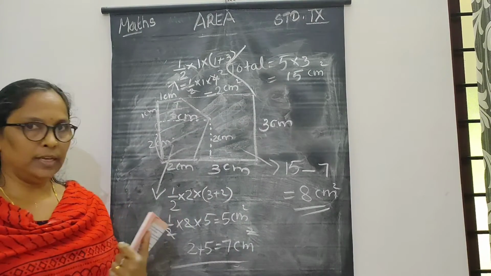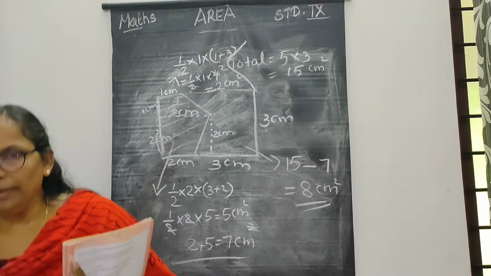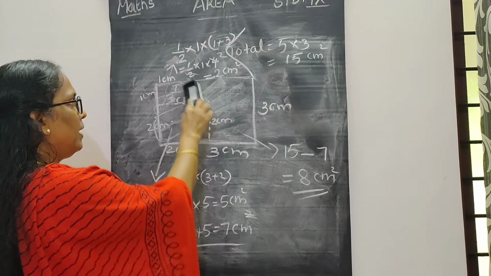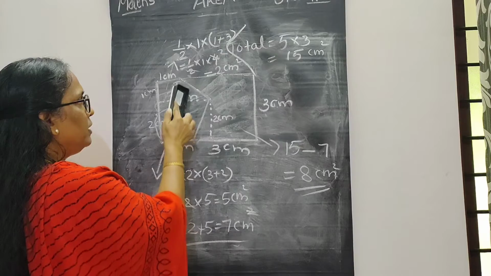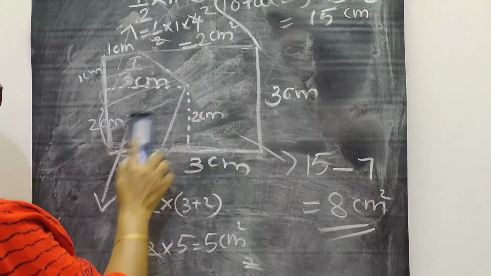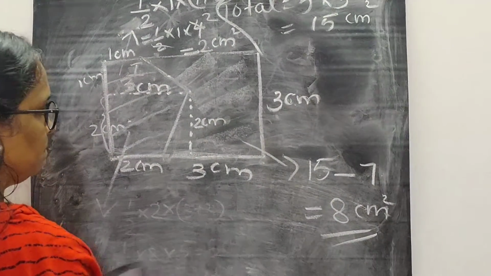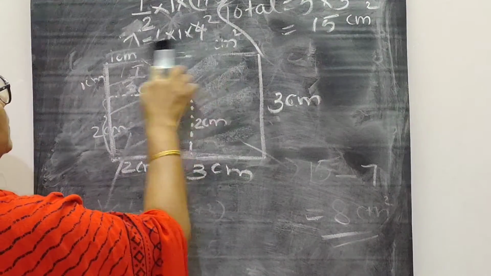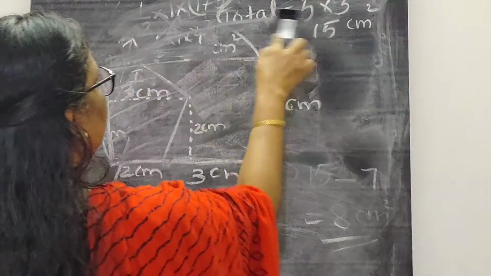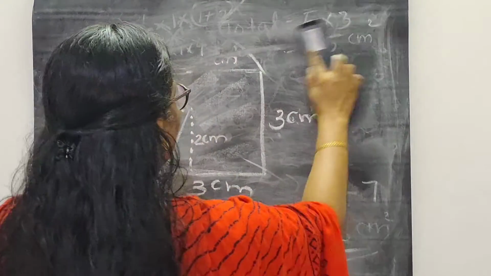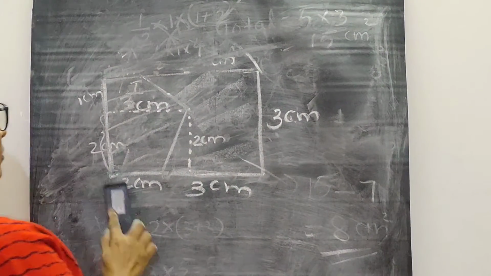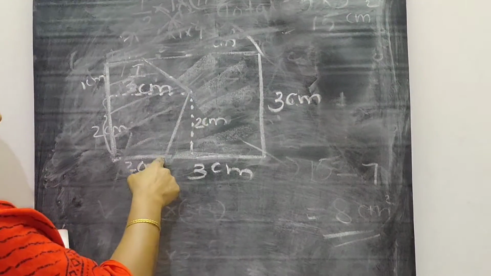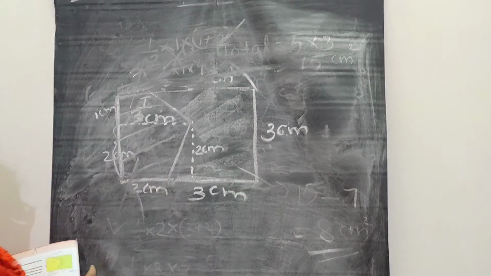Then what is the second part? Here the second part is you have to change this slanted line. Instead of these two lines, we have to draw a straight line.